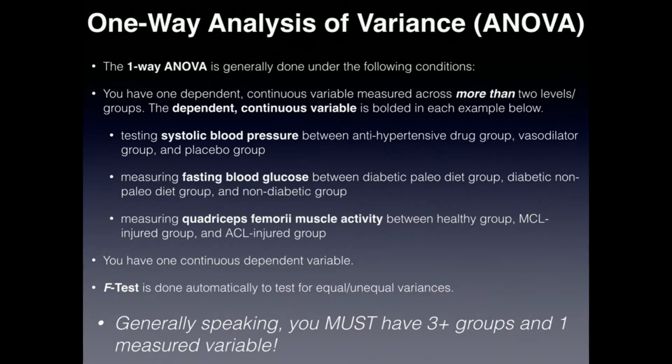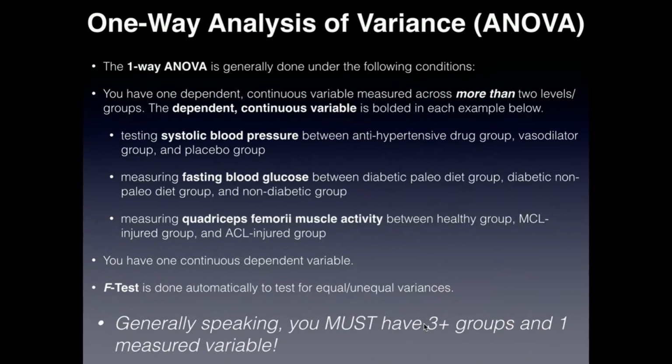So the p-value that comes out of the ANOVA is just the p-value you use. In some ways, I think one-way ANOVAs are actually easier to run than independent t-tests, because in the latter you have to previously run an f-test. So let's conclude this theoretical part with, generally speaking, you must have 3 or more groups and be measuring the same variable across all 3 or more of them.